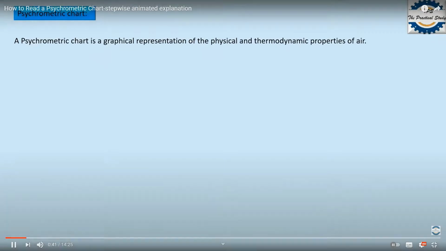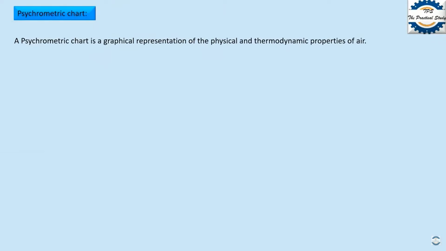Psychrometric chart. A psychrometric chart is a graphical representation of the physical and thermodynamic properties of air. Whenever you are going to do air conditioning, you have to change the properties of air. And if you want to change the properties of air, then you need to know how to measure the properties of air. So the psychrometric chart is used to measure the properties of air.